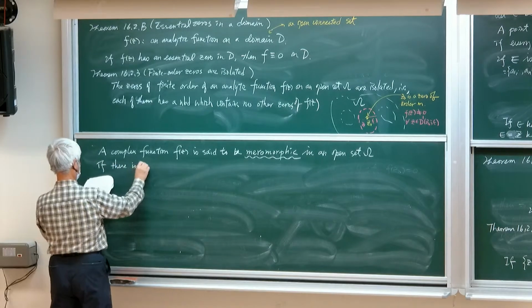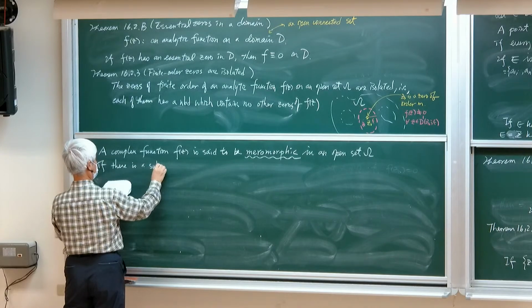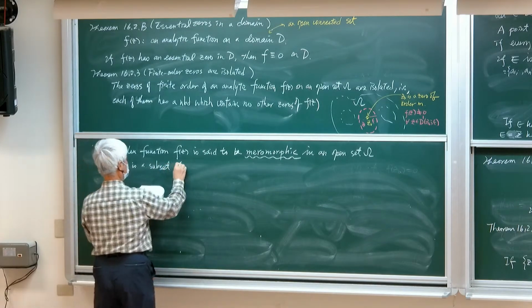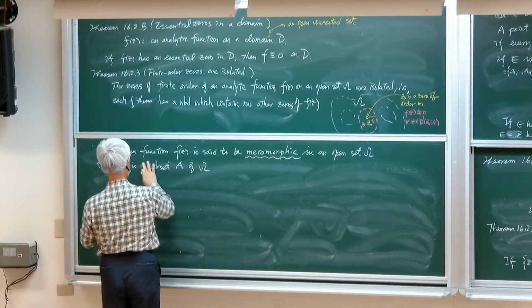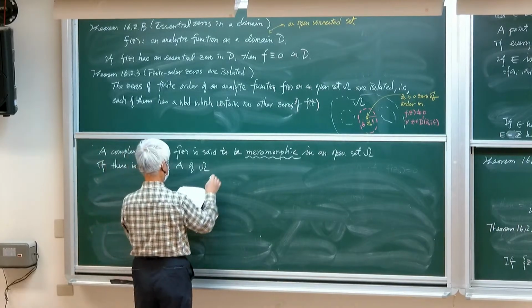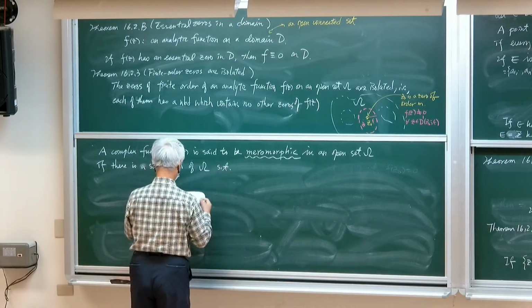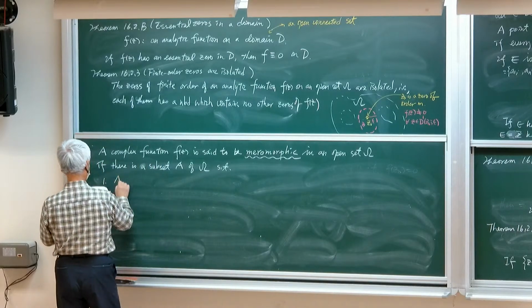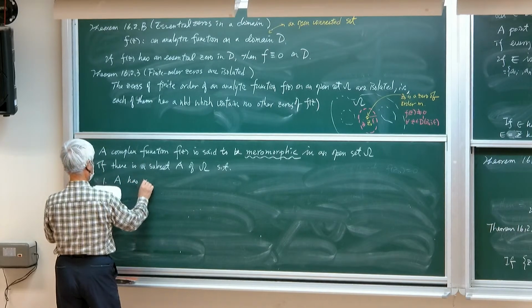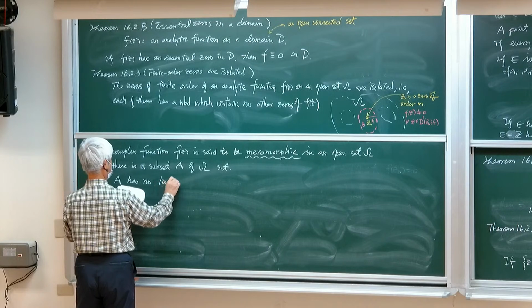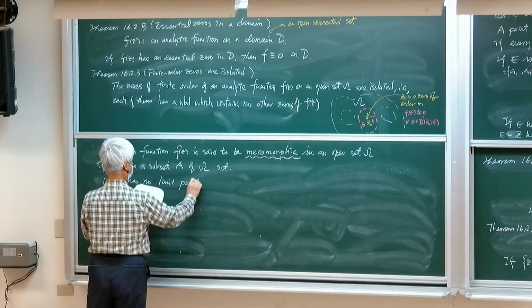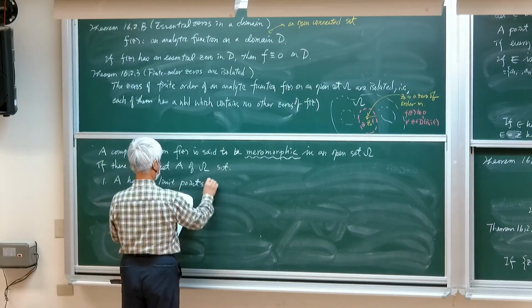there is a subset A of omega such that, first, A has no limit point in omega.